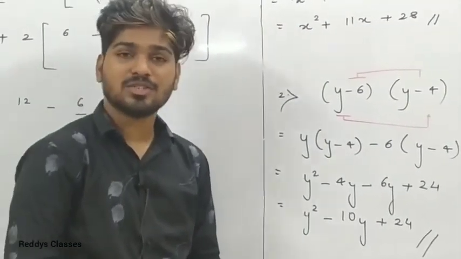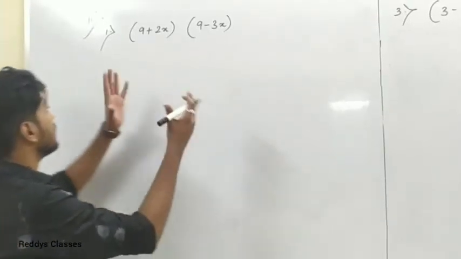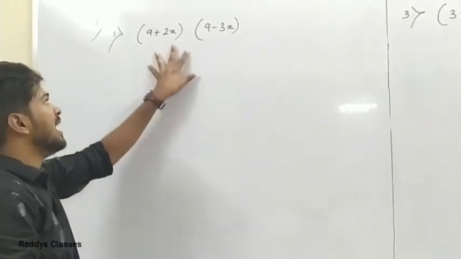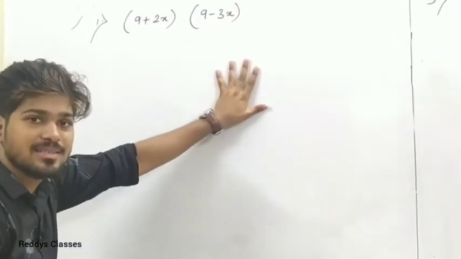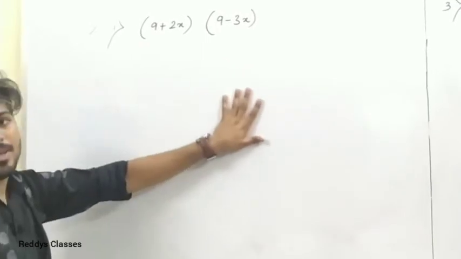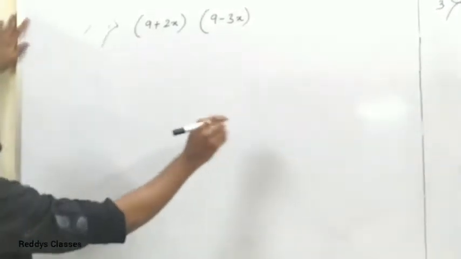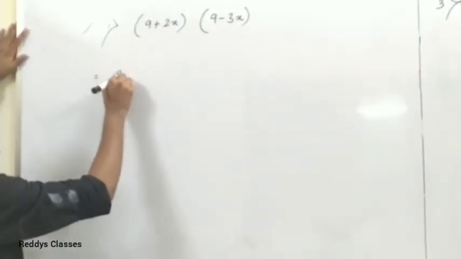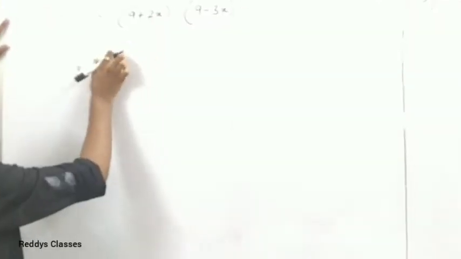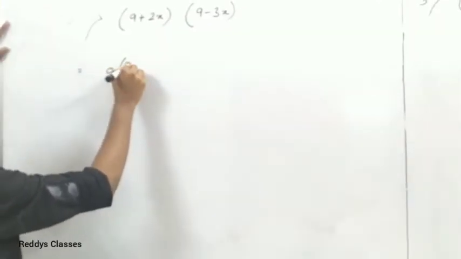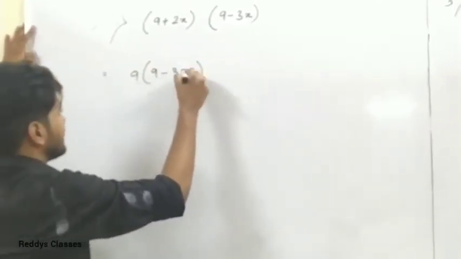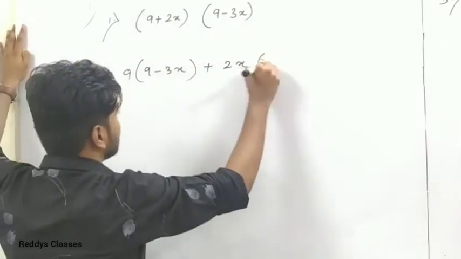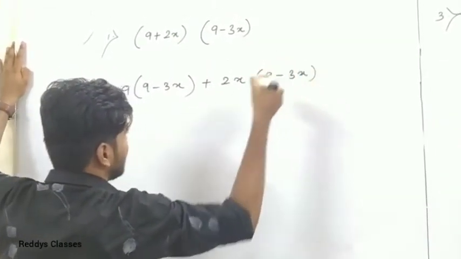Okay. Let us see the next question. Let us start with the 10th question. Question number 1. We have (9 + 2x)(9 − 3x). We are going to use the same method as previous. So, let us use it now. We have 9 times (9 − 3x) plus 2x times (9 − 3x).